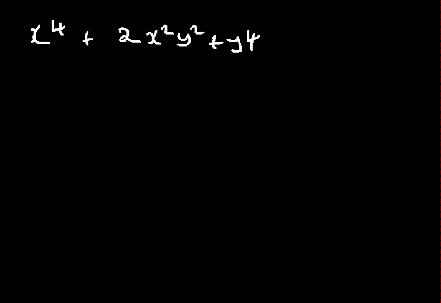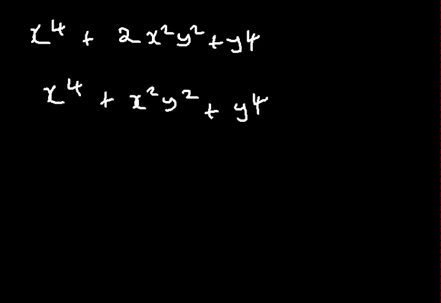Let's say we have x to the power 4 plus x squared y squared plus y to the power 4. Try to work that one out at your own time as well.